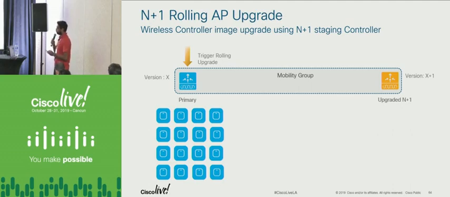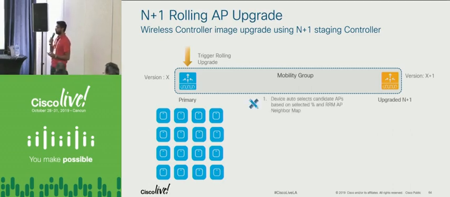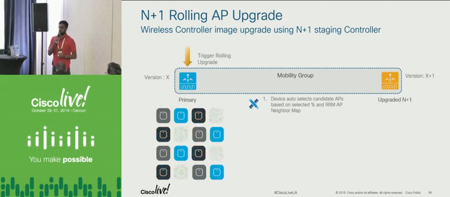Okay, so what you do is you trigger the N+1 rolling AP upgrade from the primary, and it will install the image on the primary, and it will go ahead and start the rolling AP upgrade process into the access points in the primary. So what is rolling AP upgrade? We basically choose a percentage of access points in the deployment that need to be pre-downloaded the code, and those APs will go through an upgrade.